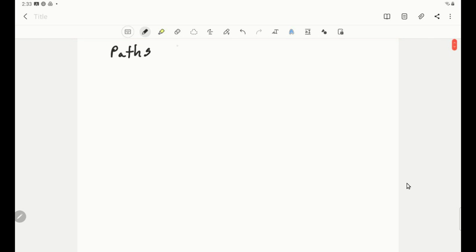So these paths are parameterized, and so you might have just something like this where you say, well, your X coordinate is equal to maybe we'll go with something like t squared, and your Y coordinate we'll make that maybe 2t.